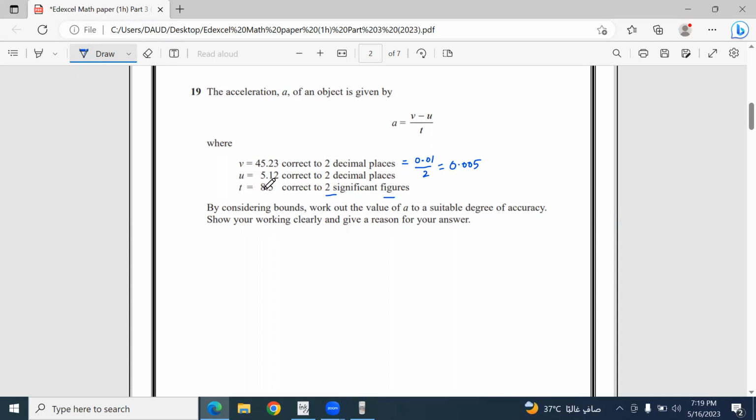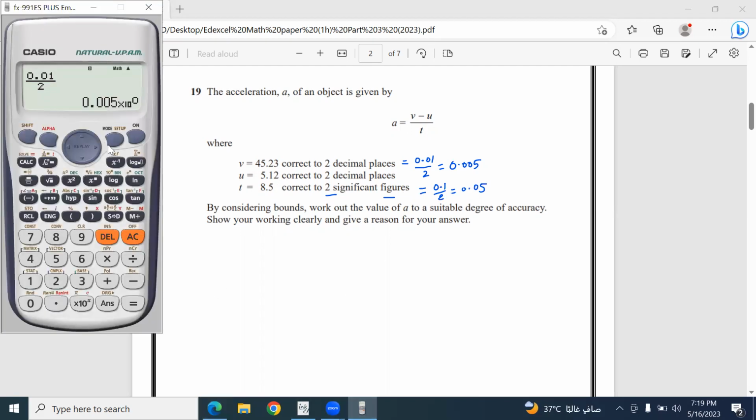It means if you have 8.5, the first two values represent two significant figures, 8 and 5, both numbers, and we will check the position of 5, that gives us 1 decimal place. It means we will check the degree of accuracy for 1 decimal place, and it must be half of 1 decimal place, means 0.05.